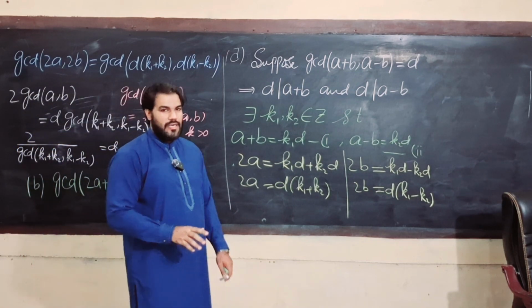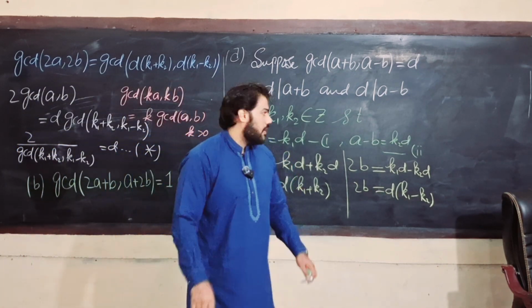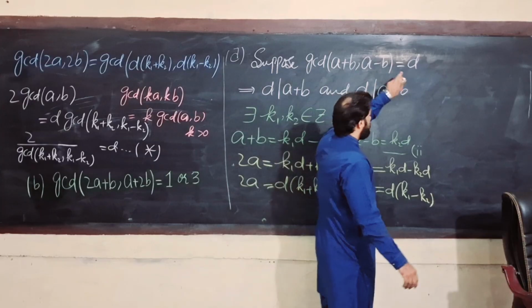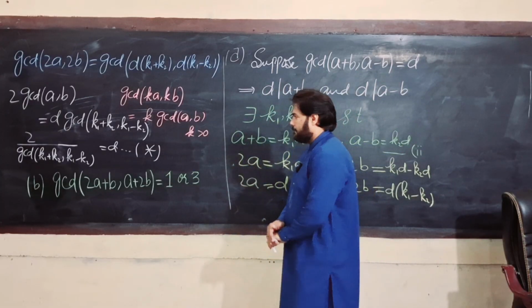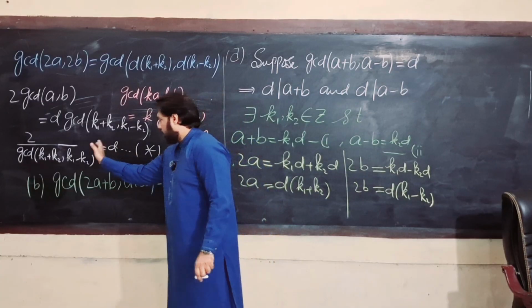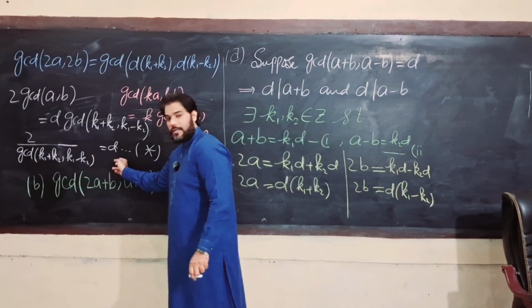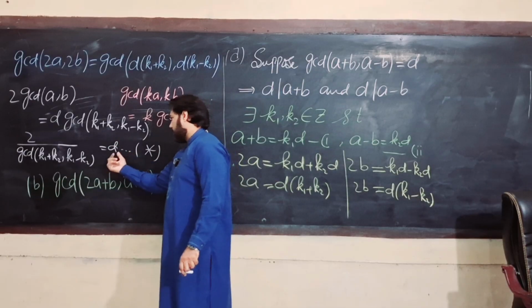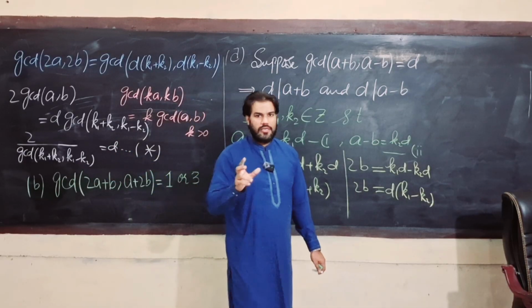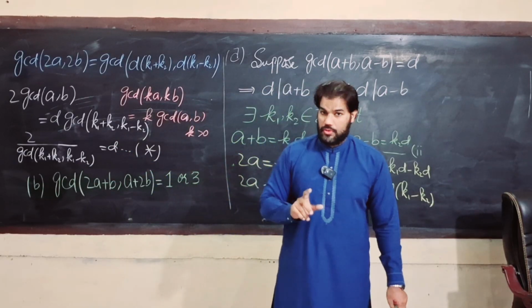Now I have to prove that our GCD, our D, is just equal to 1 or 2. If you focus on the right side of star, this is D. D is an integer which should be equal to 1 or 2.